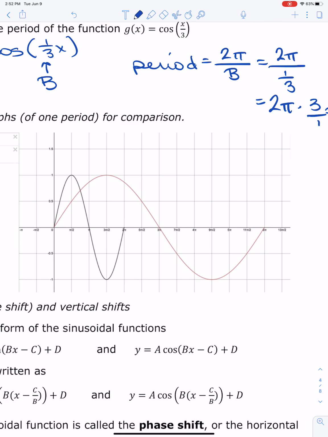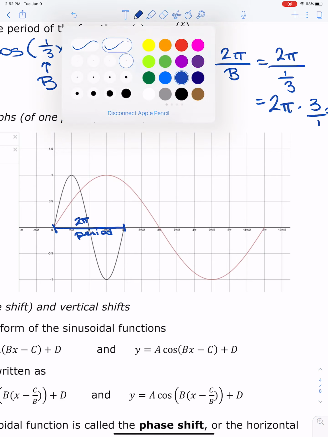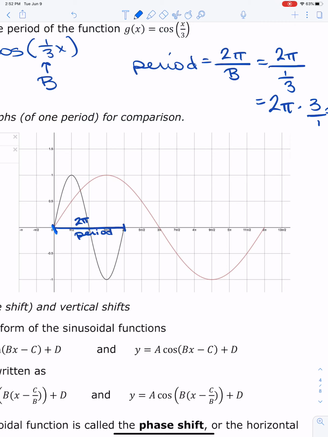So here's our original function with a period of 2 pi. Here is our new function. Here is g of x. Let's find a different color. You notice here, we now have a period of 6 pi.